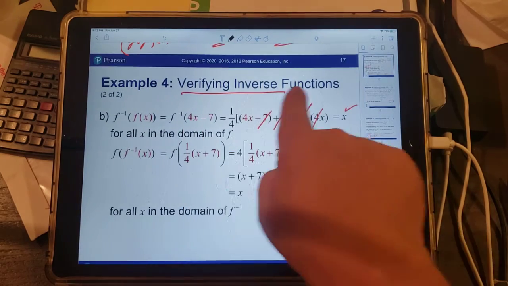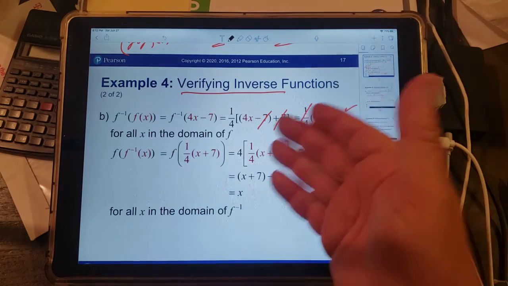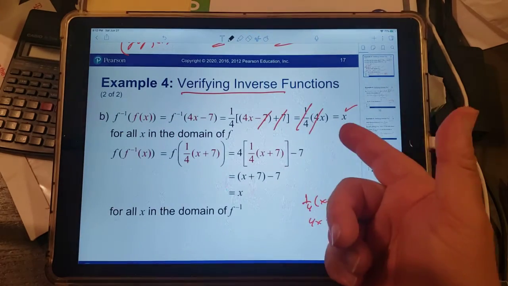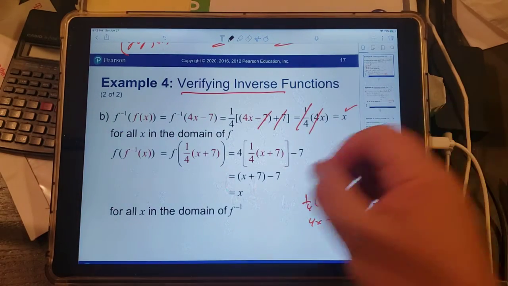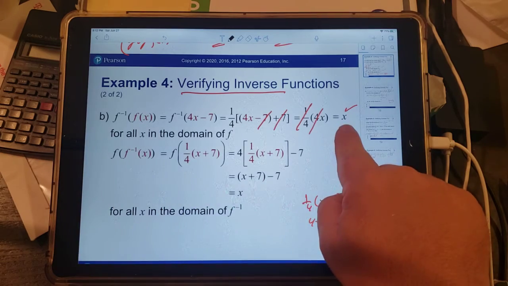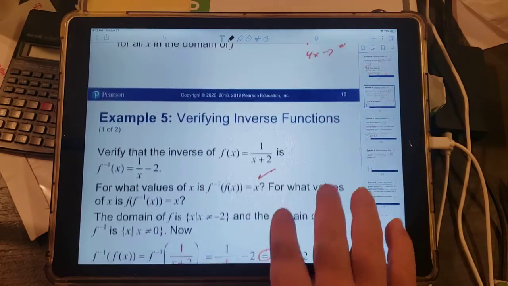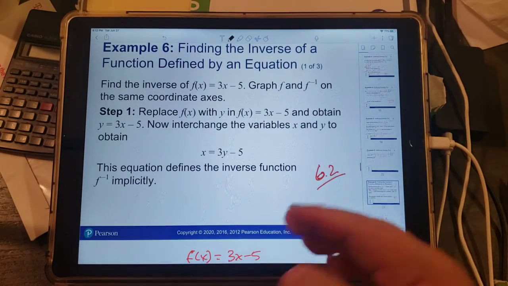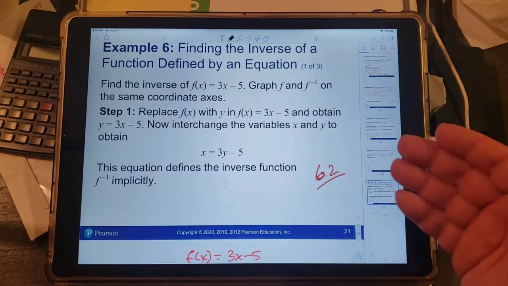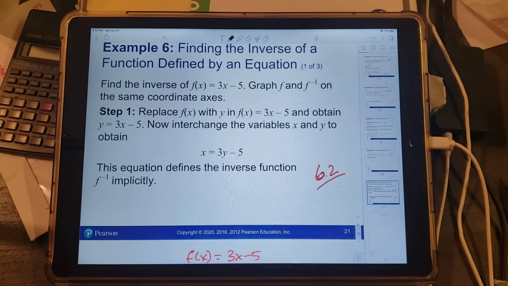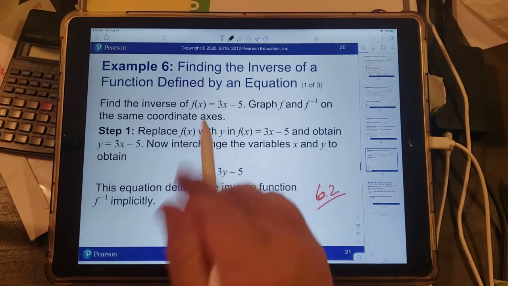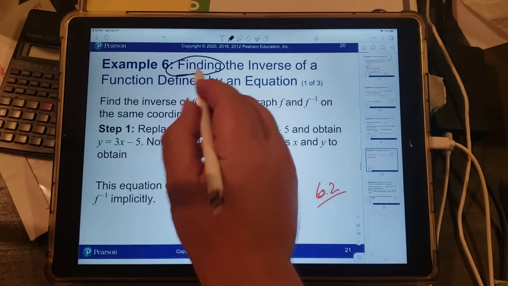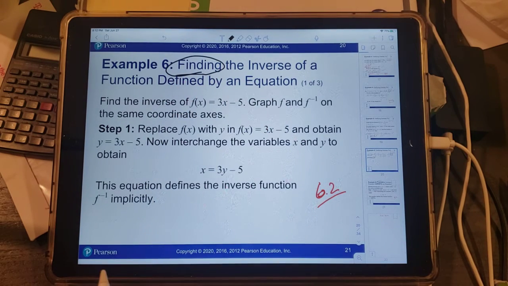You could say, well, I verified it because I know they cancel. That's not true. You should be able to verify something, but I want to get to questions where you're not just verifying or answering yes or no, this is or is not an inverse function. I'm talking about finding the inverse of an equation.